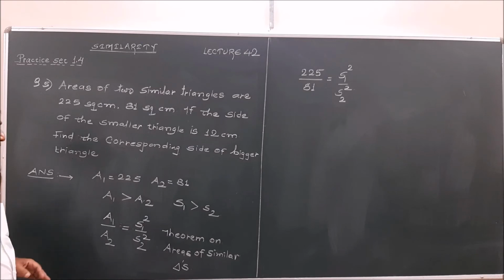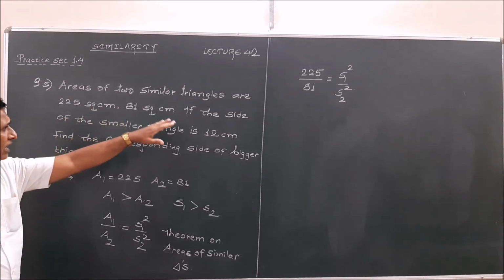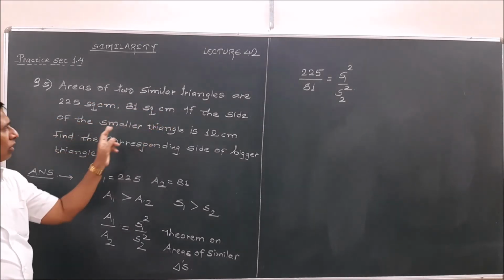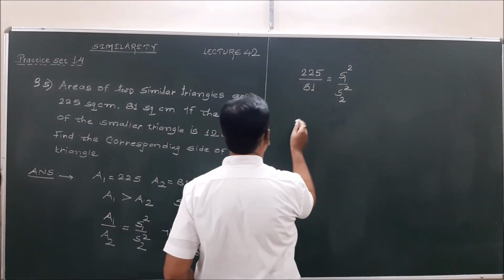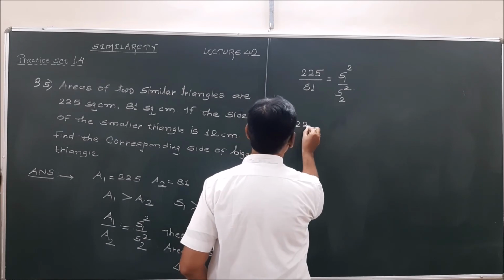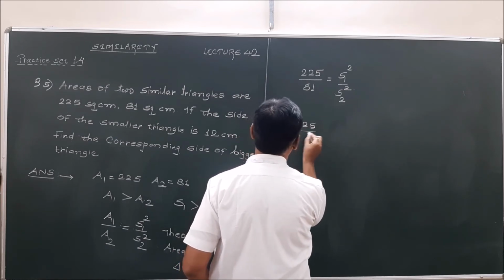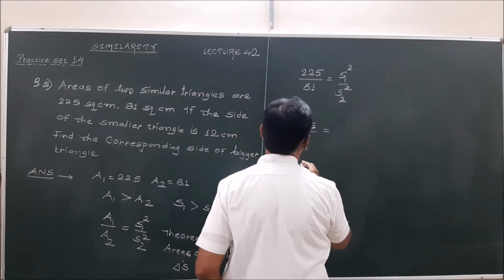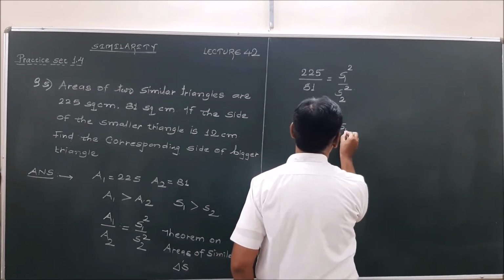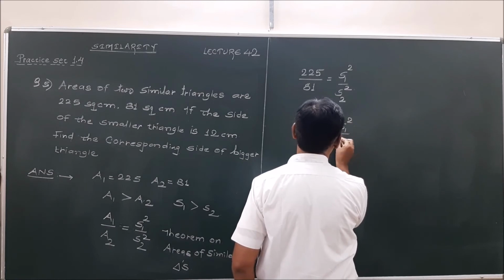Now you will find if the side of the smaller triangle is 12, S2 is a side of a smaller triangle.